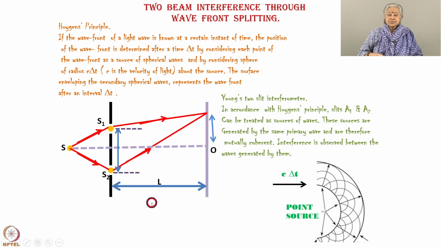Okay. So, let us go through a little bit of mathematics of this. The distance between these two is fixed, you can't change it. Now we will see under what conditions we can get an interference pattern and what kind of interference pattern that is.